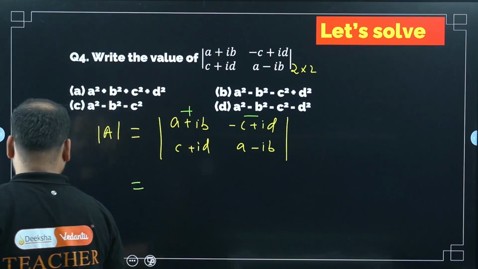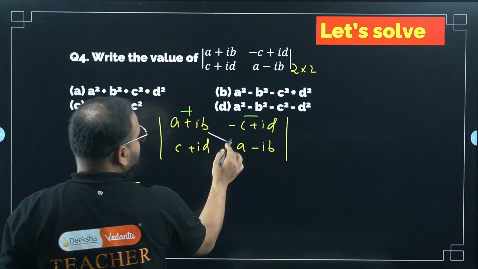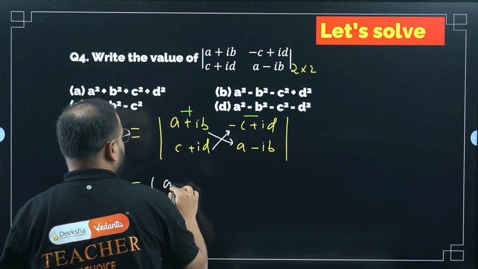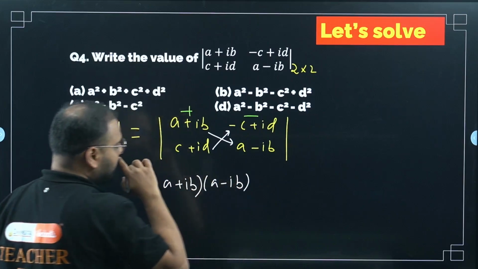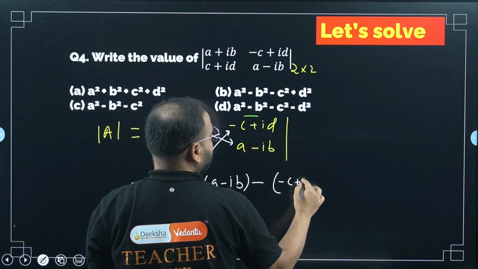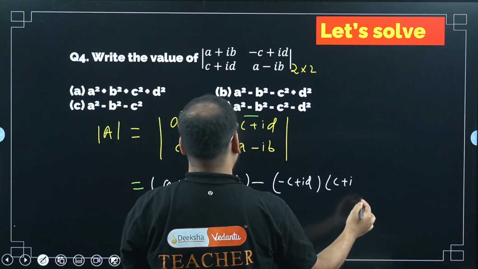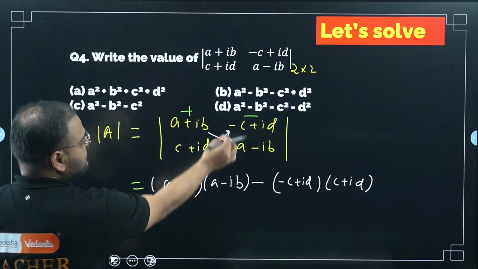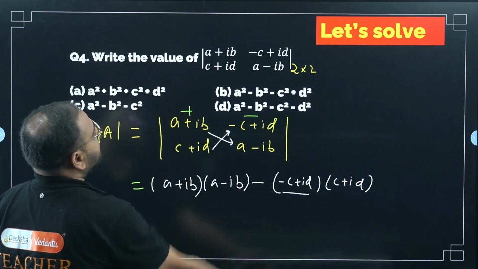We take this multiplication, this with this, and this with this with a minus sign. So a plus ib times a minus ib, minus this one, minus c plus id times c plus id. Please check, this minus sign is present over here, so I have taken minus c plus id from there.